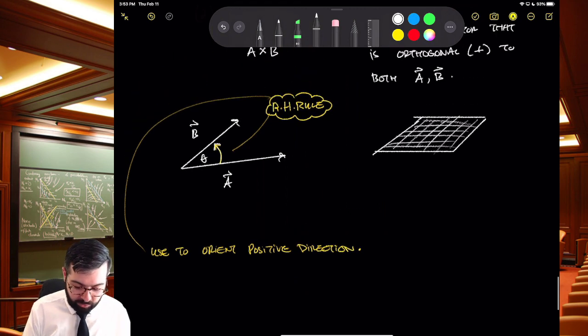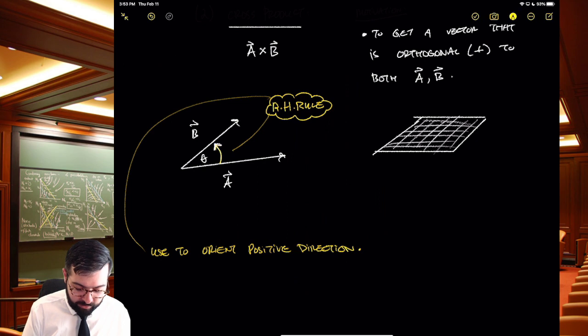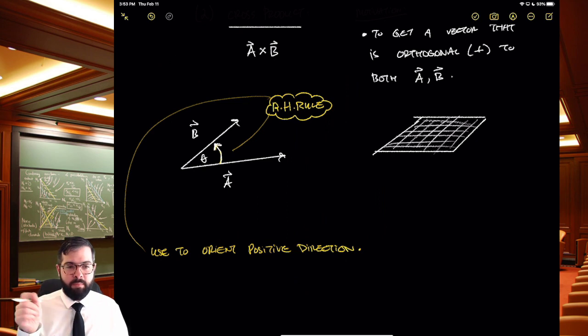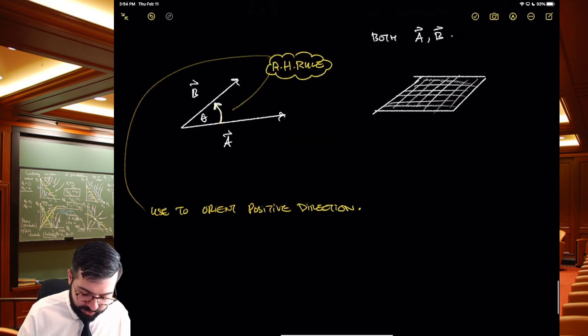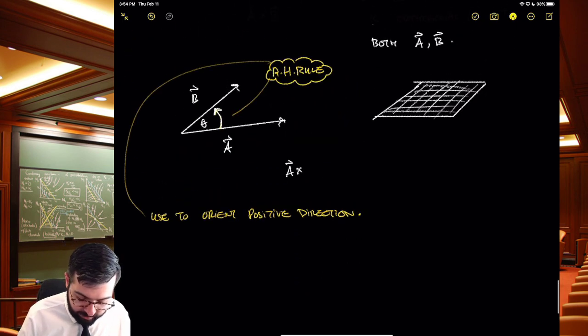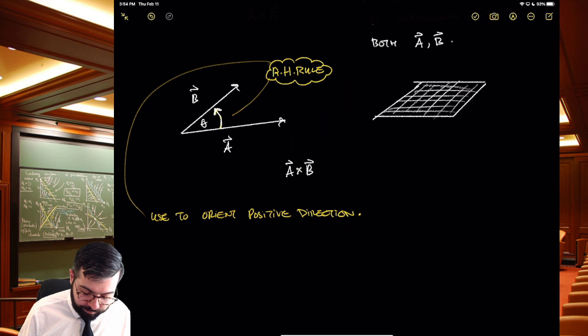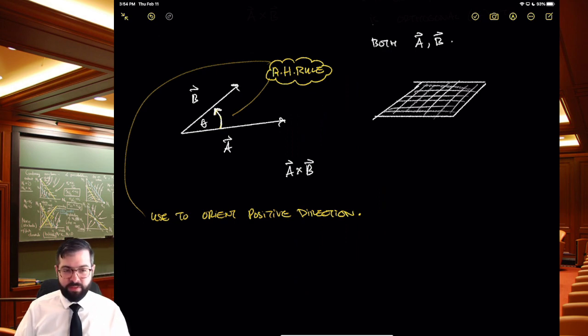So use this to orient yourself. This is specifically for when the smaller angle going from A to B, this is the angle that we're talking about. And this is the first vector in the operation. So we say that A cross B, okay, is done in this order. And so how we define it, there's a few ways to go about it.